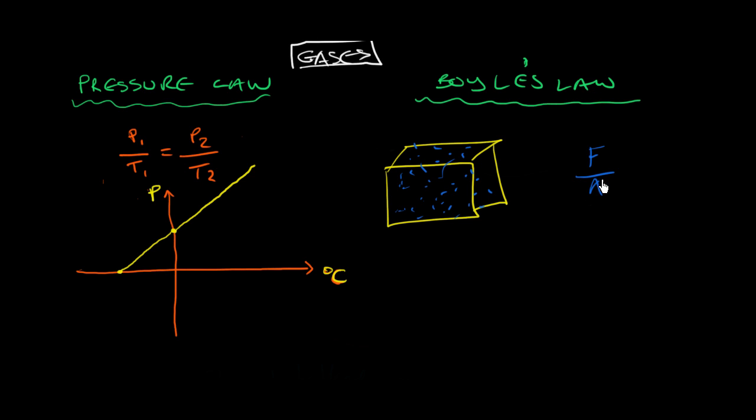So if it's not hitting the walls, there's no force being applied to the container, and therefore there's zero pressure. So the idea of the 0 Kelvin is this one, where this is minus 273 degrees Celsius. That's the same as 0 Kelvin.